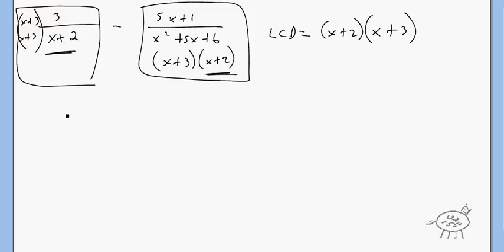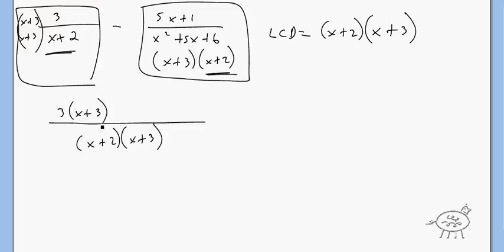And what I get is, let's actually write it out. On the bottom is x plus 2, x plus 3. I get 3 parentheses x plus 3. I'm going to write it out first before I distribute, because I think that you don't forget things as well if you write the whole thing out. All right, so you guys agree with that? This is it: 3 times x plus 3 minus 5x plus 1.